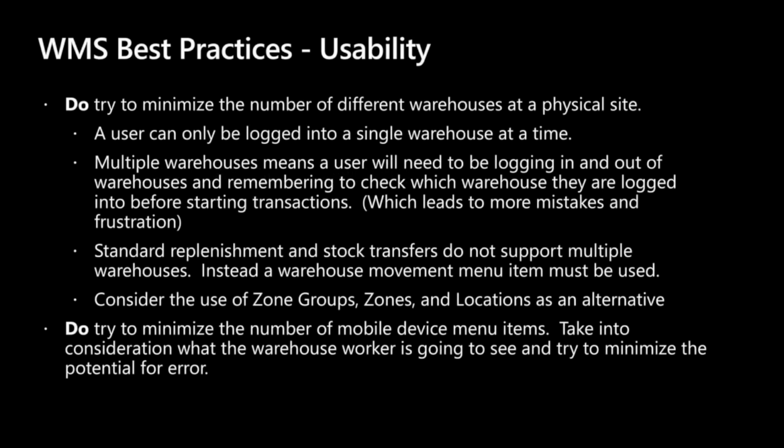All right, so with that, I'm going to go ahead and just jump right in here. Related to implementation best practices, I have a few slides on some configurations and usability related to the warehouse and transportation management modules. First point I want to make as it relates to usability within the application, based off of feedback that we've gotten from customers in the past, is that we do recommend that you try to minimize the number of different warehouses you set up at a physical site.